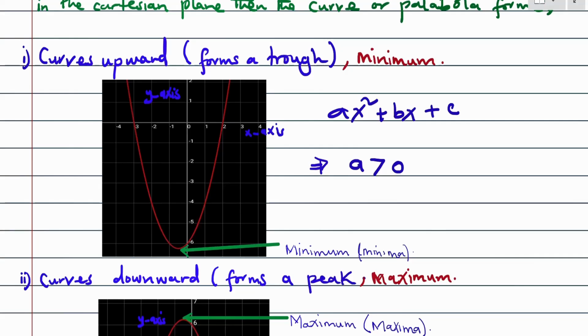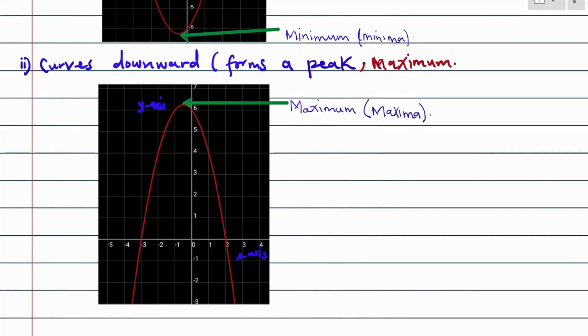We should not forget that if the value of a in a given quadratic expression or equation is greater than 0, then the graph of that expression forms a minimum, or has a minimum value. Whereas for case number 2, the quadratic expression ax squared plus bx plus c has a maximum value if and only if the value of a is less than 0.